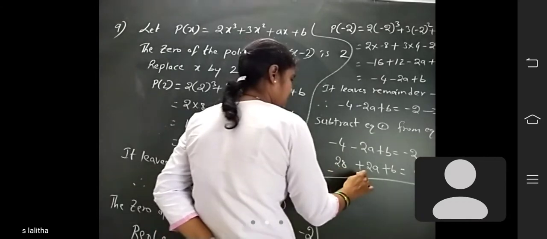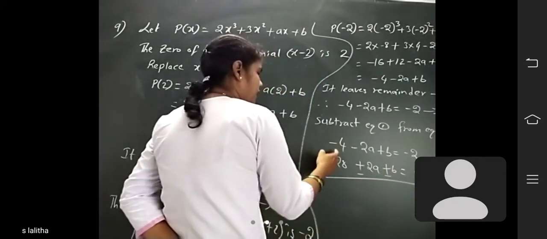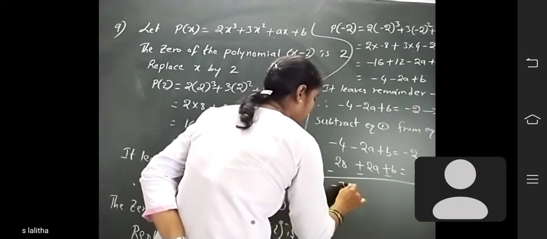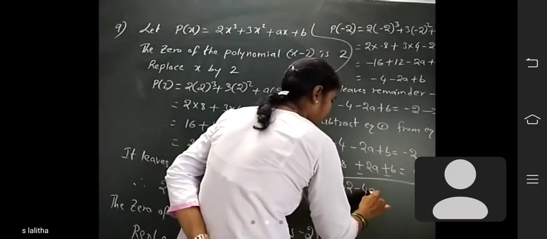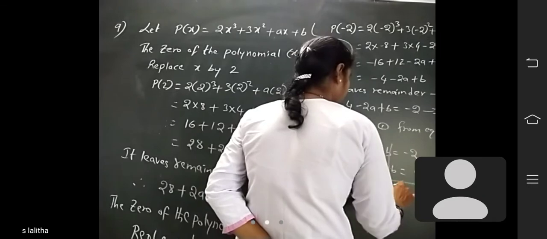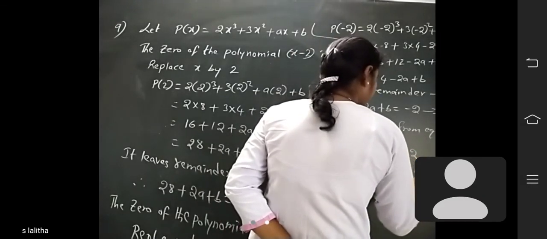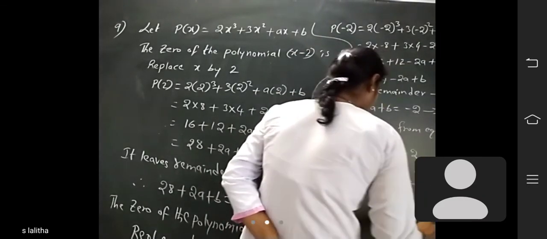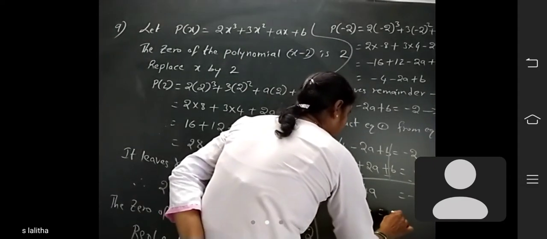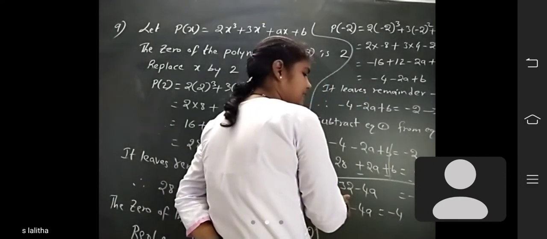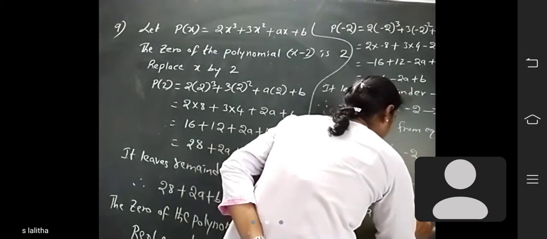Subtract: minus minus minus. Minus 4 minus 28 how much? Minus 32. Minus 2a minus 2a is minus 4a, b will be cancelled. Here minus 2 minus 2 is minus 4. So minus 4a equal to minus 4. Here minus 32 transposed to right hand side, what will become?